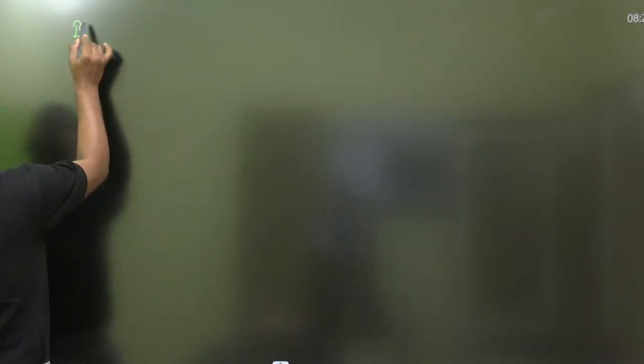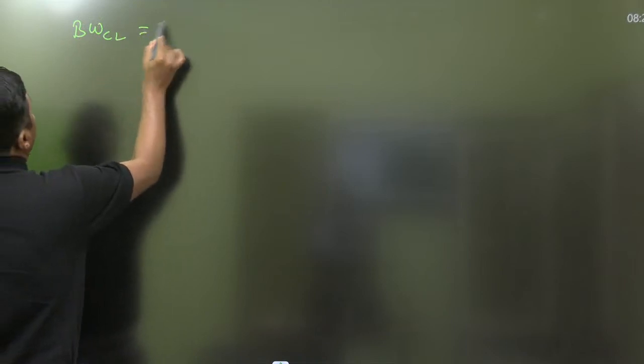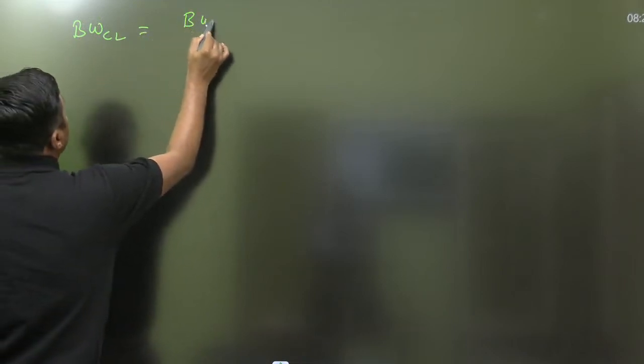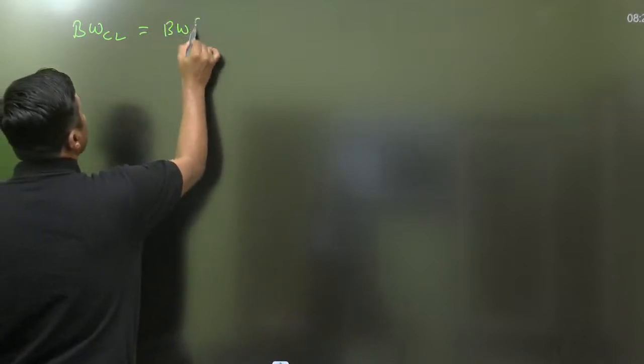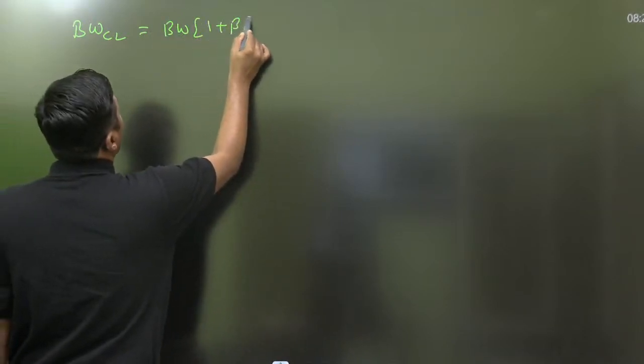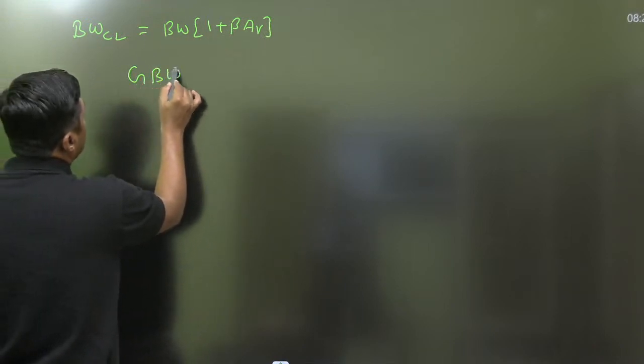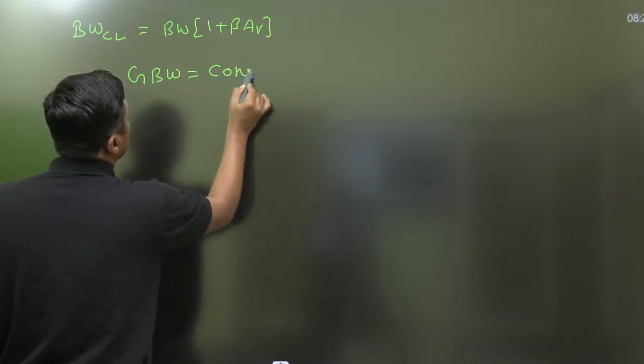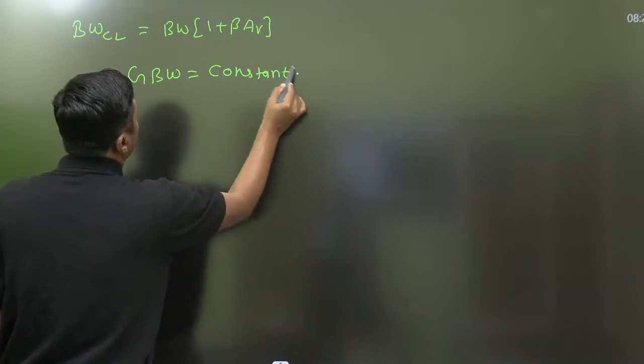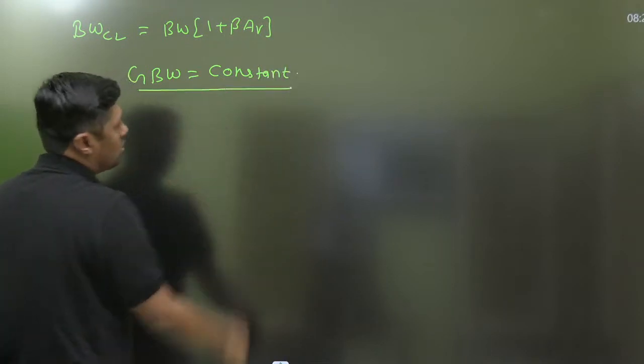So the bandwidth for the closed loop system is given by the bandwidth for the open loop system into 1 plus beta AV. Why? Because the gain bandwidth product is constant.